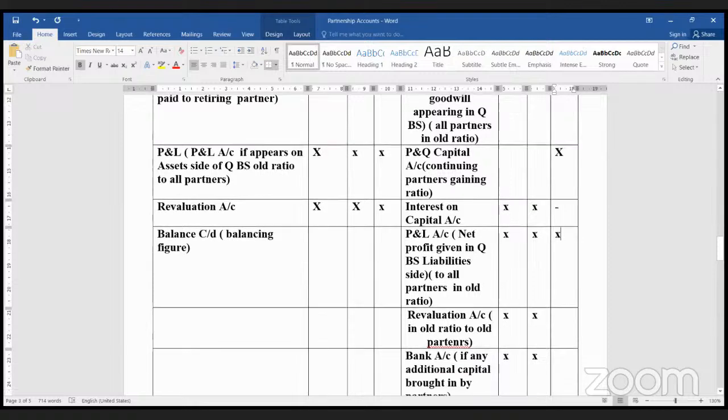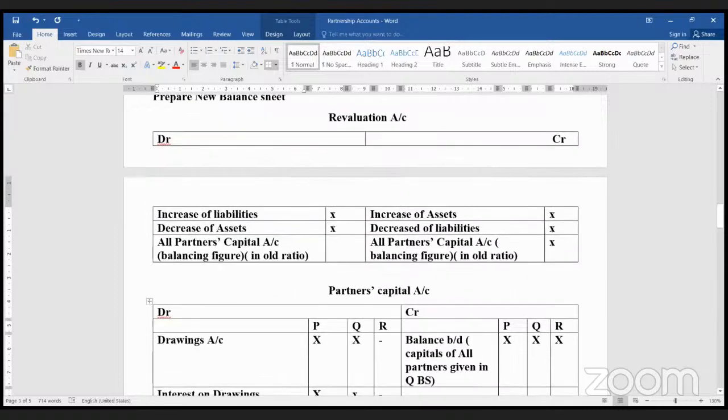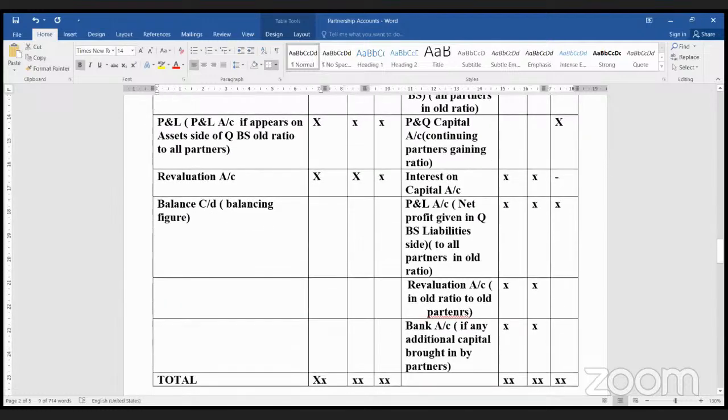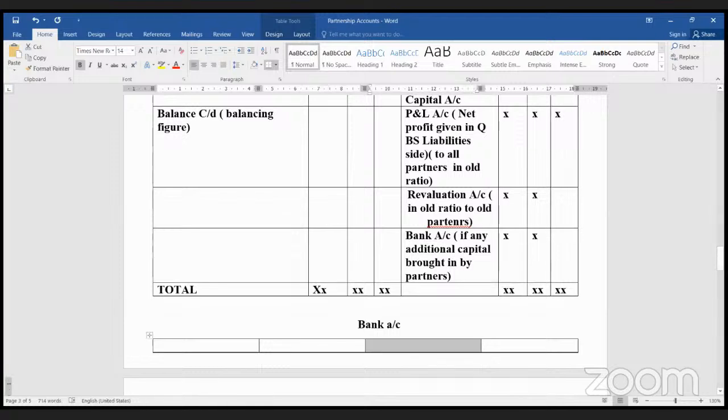Next one is revaluation. Revaluation, as mentioned earlier, same thing. If you are getting the revaluation closing balance on the debit side, then that is to be taken on the credit side to all the partners. All, not old, because we will include the retiring partner also till that time, so we will give to him.